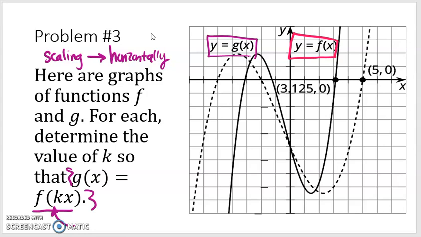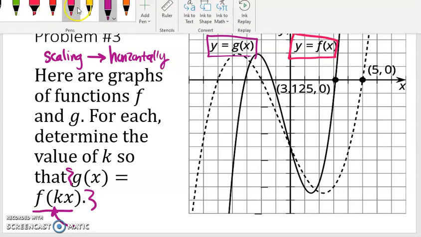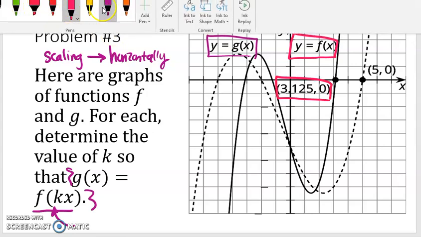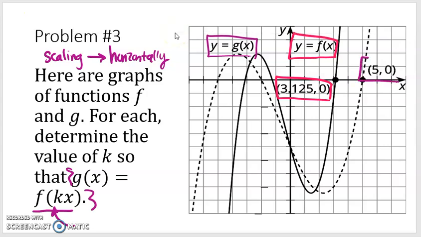We can see that if we look at the graph and find the points 3.125 and 50, there's a change that happened to get us from 3.125 to 50.